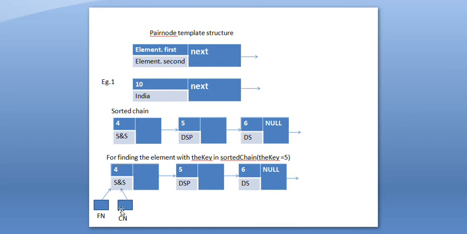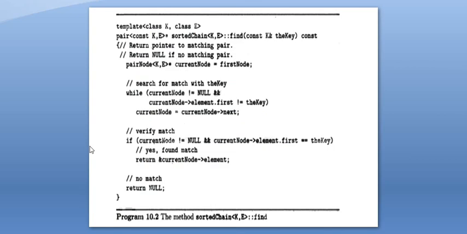We will be using current node, always current node. So current node arrow element dot first gives you 4. So that number has to be checked. So you have that here. So once we create, we use a loop. This loop will be repeating. Only if it's true, this instruction will be executed.